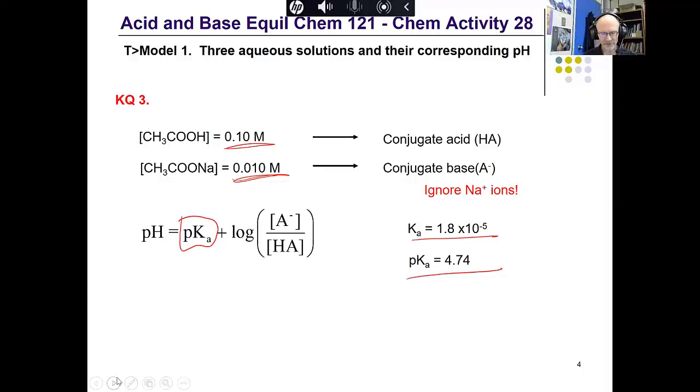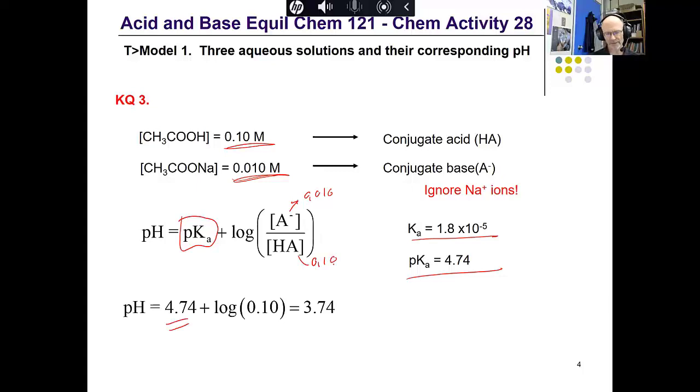So if I now plug in the values, and obviously, once again, we get this 4.74, but if my A negative is 0.01 and my HA is 0.1, well, of course, when I do this math, I end up with log of 0.1.